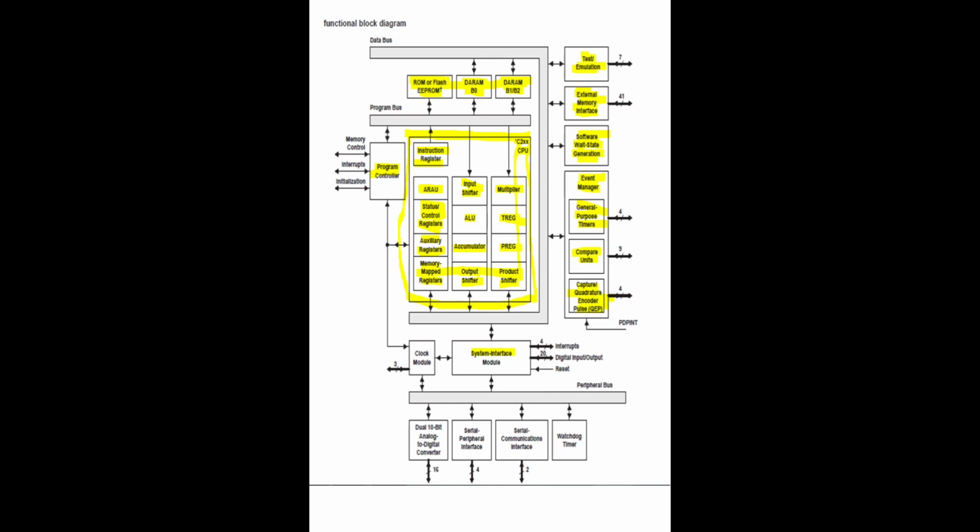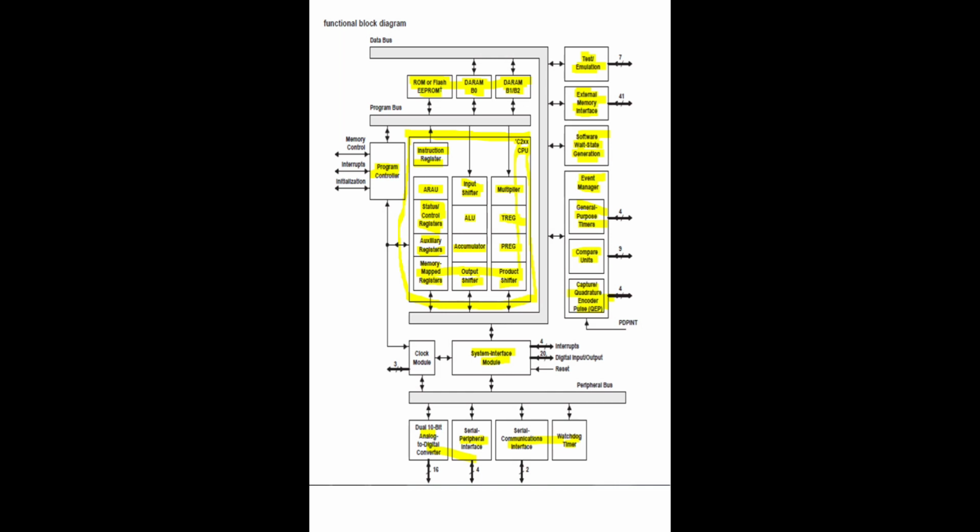this system interface module is used to connect various input-output devices with the DSP controller. But these input-output devices are inbuilt inside the TMS IC. It is not an external device.